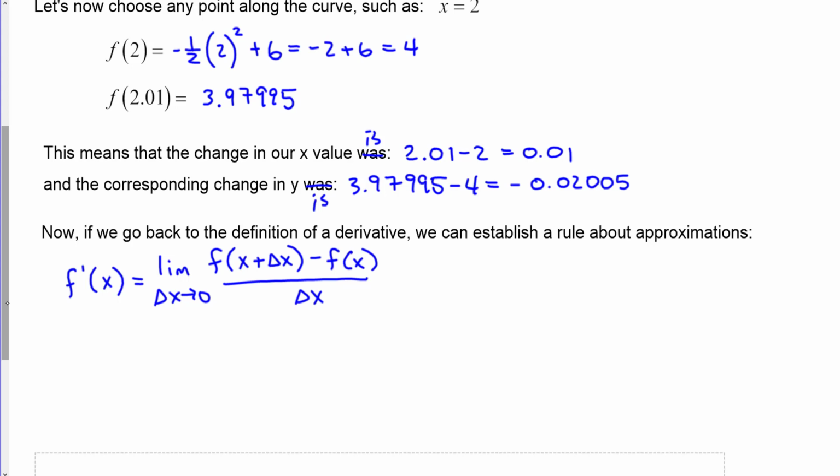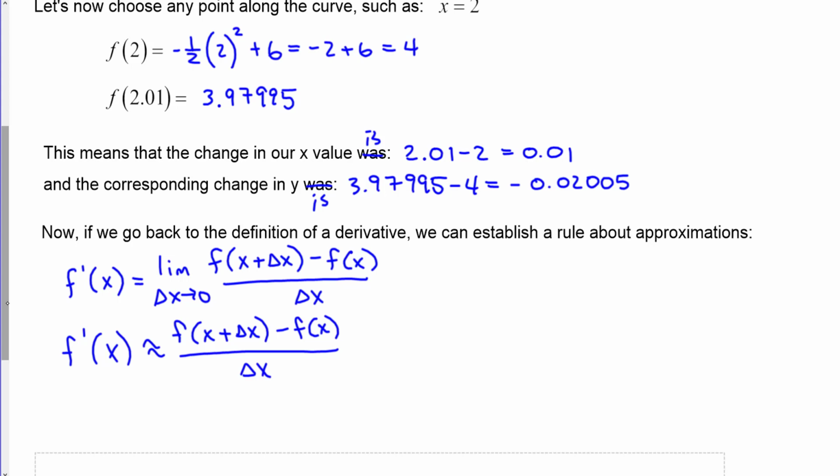Now, this right here we can change into an approximation if we take away the limit. So we can say the first derivative is approximately f of x plus delta x minus f of x all over delta x. So without the limit, it's only an approximation. It's kind of like the difference between a secant line and a tangent line, which it is in fact exactly what's happening.